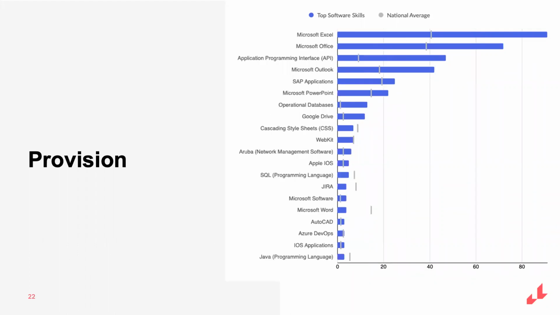And then a subset of the specialized skills are software skills. And here we can see which are the most commonly cited by employers advertising for quality assurance technicians.